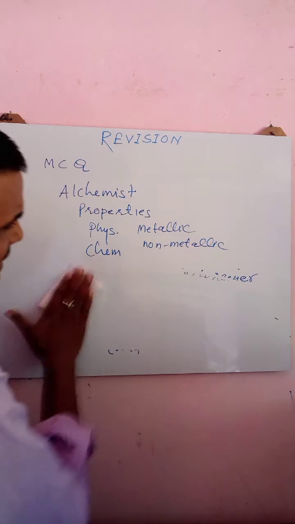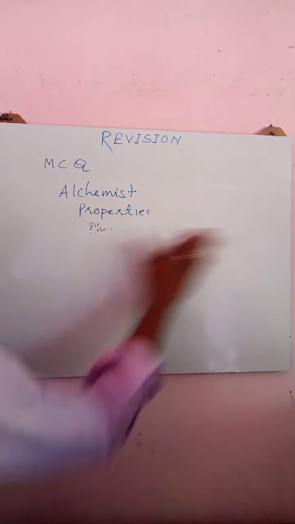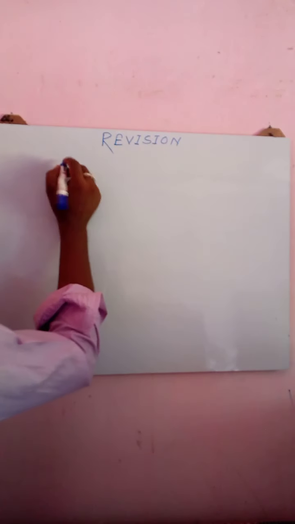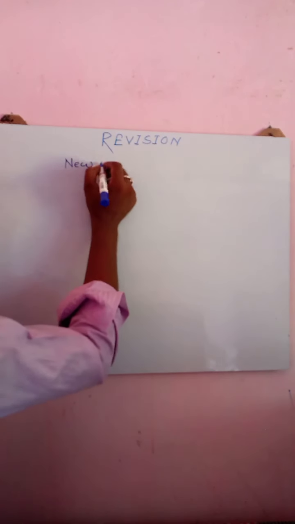After Dobereiner, a classification was given by the scientist Newland, right? Let's see in brief what the concept of Newland was to classify the elements.